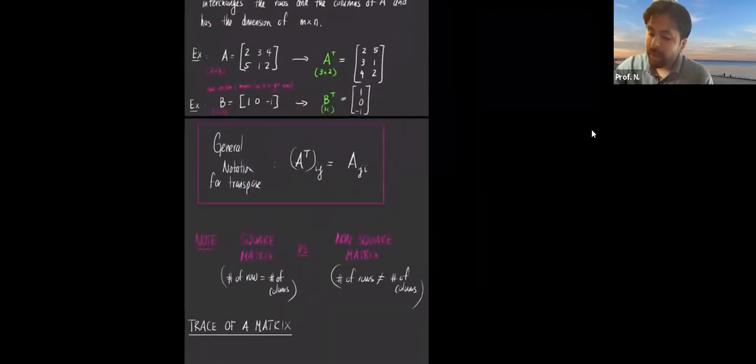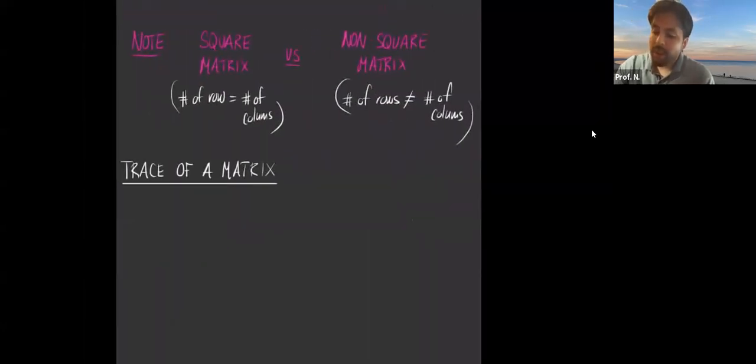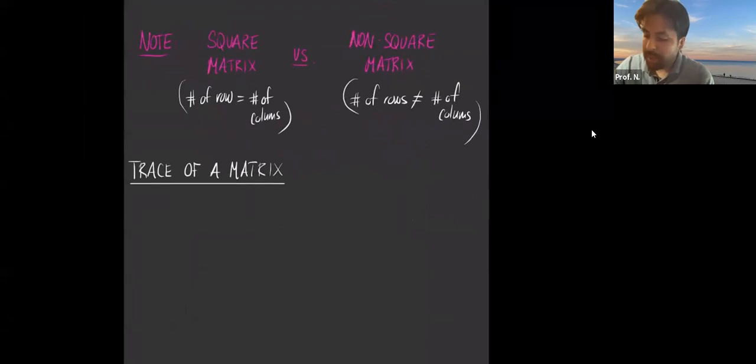So for example, this matrix A here is a non-square matrix. Why? Because we have 2 rows and 3 columns. The number of rows does not equal the number of columns. And when we talk about the trace of a matrix, we're only talking about square matrices. This idea is only applicable for square matrices.